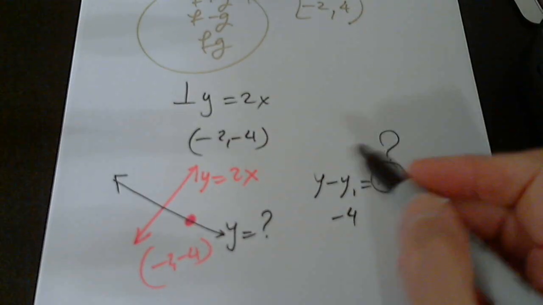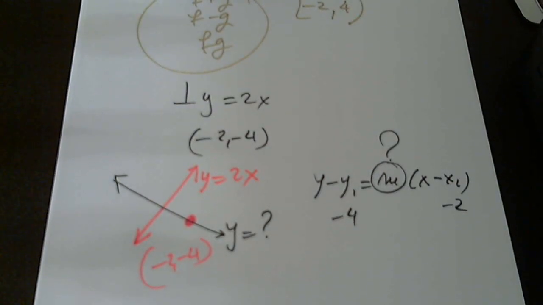The only thing I need to determine is the slope. Is there any way we can determine the slope of this line, knowing that it's perpendicular to the line y equals 2x?